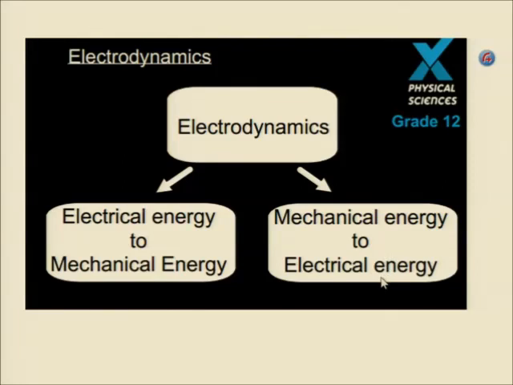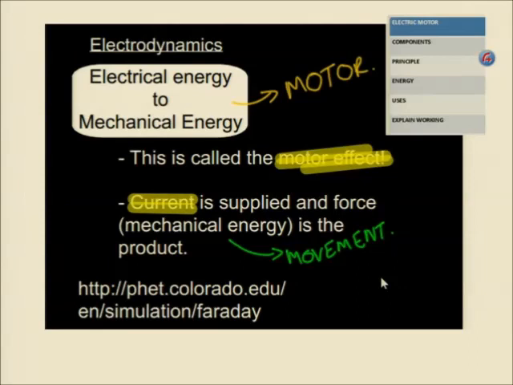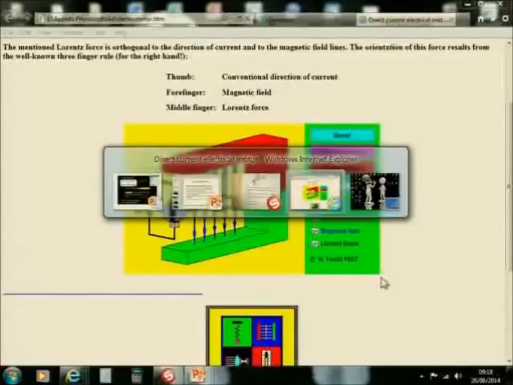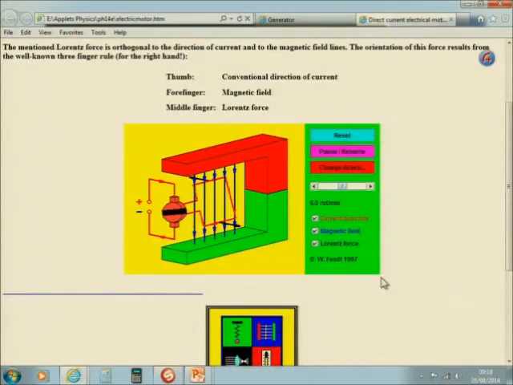Now let me give you an example, and what I'm going to do is shortly go out here, and I want to show you an example of a generator and a motor. Yes, so if we have a look here, you will see I've got a magnet, and let us just take away all of these for simple purposes.